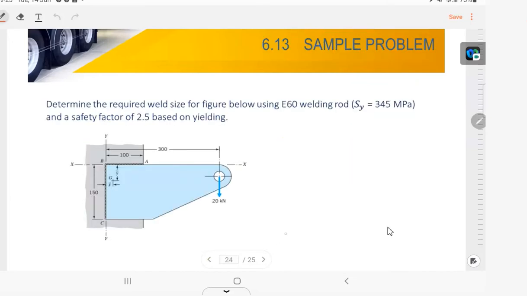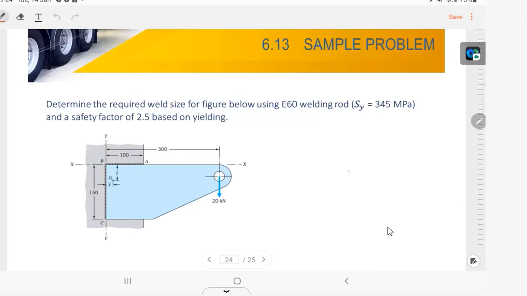Okay. Okay, this is your take-home quiz. Take-home quiz. So determine the required weld size. Maksud dia apa? You kena cari H dia.